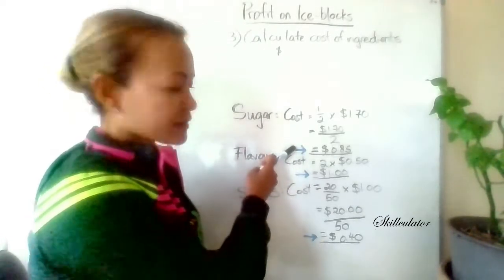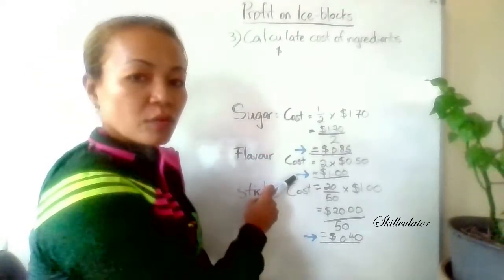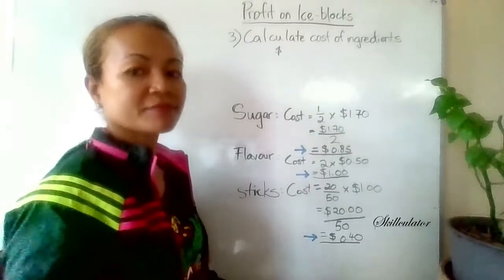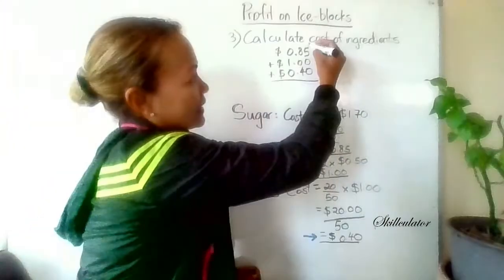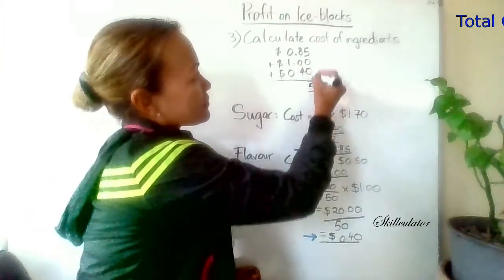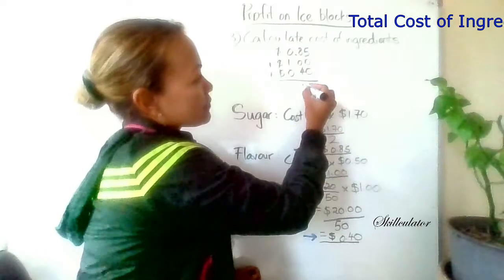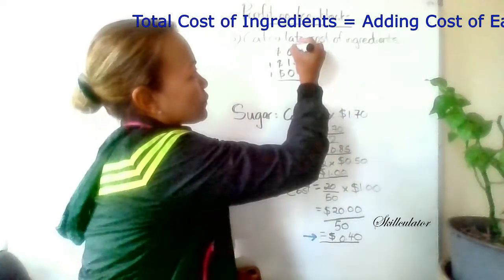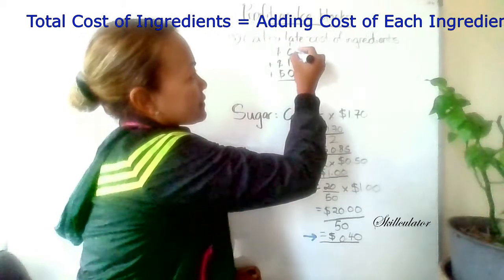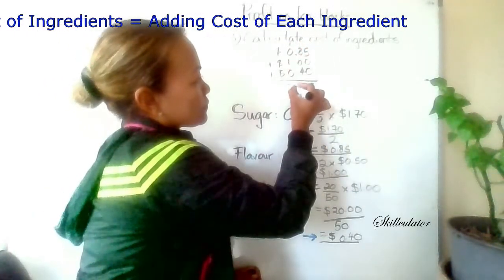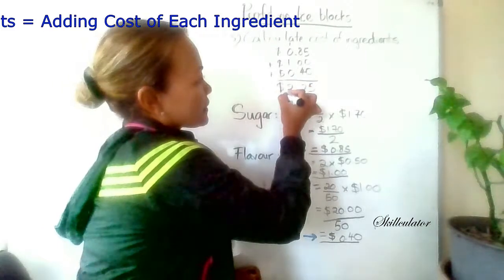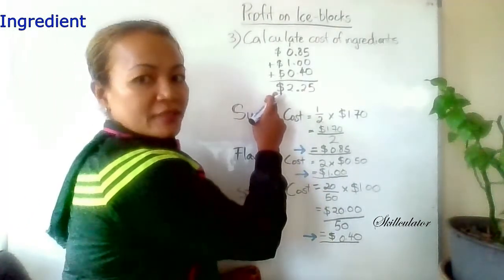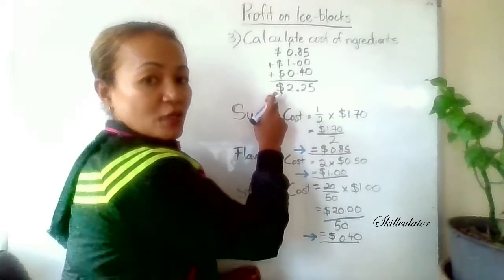So the sugar, 85 cents, the flavor, $1, and the sticks, 40 cents. Let's add them all up, add them down, that gives you 5. 8 plus 4 is 12, 2, with the decimal point aligned there, carry 1, 1, 2. So the total cost of ingredients is $2.25.